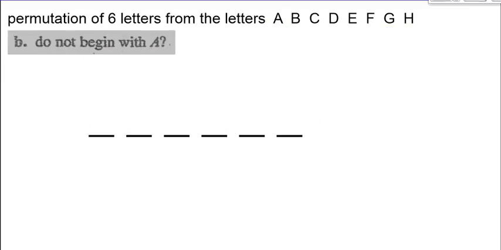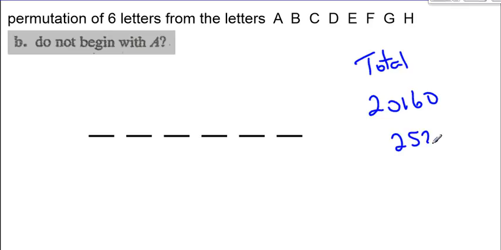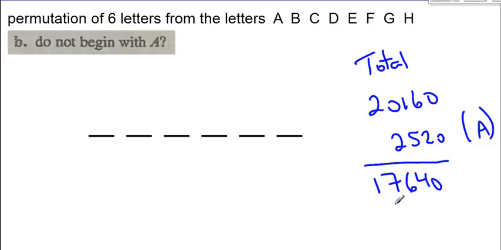So the total number of arrangements is 20,160, and we discovered that there are 2,520 that begin with A. Then the difference, all the other arrangements, must not begin with an A. So there would be 17,640 that do not begin with A. That's one way you could get the answer, because there's the answer.